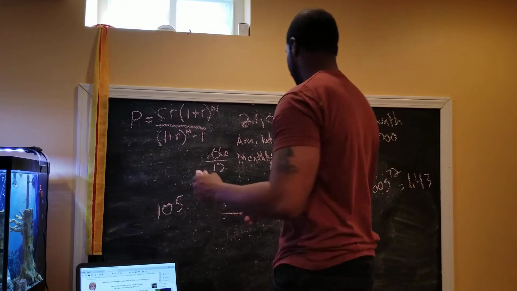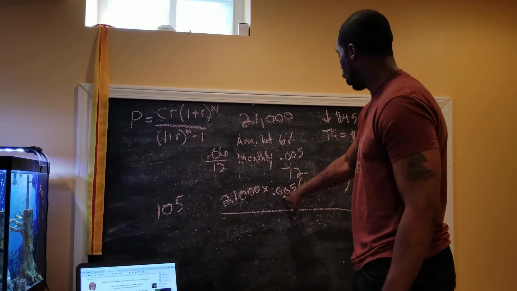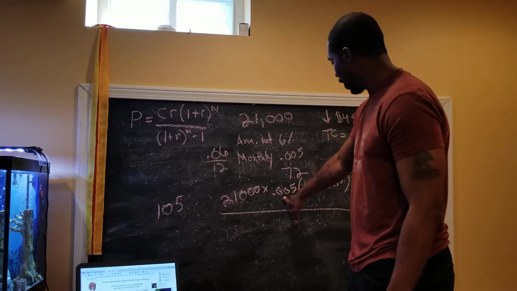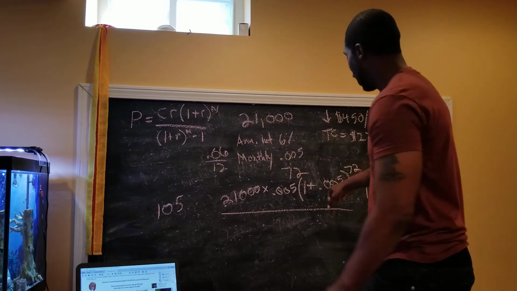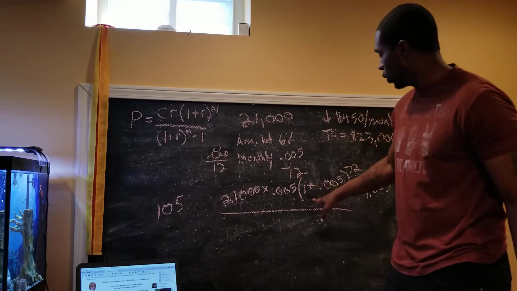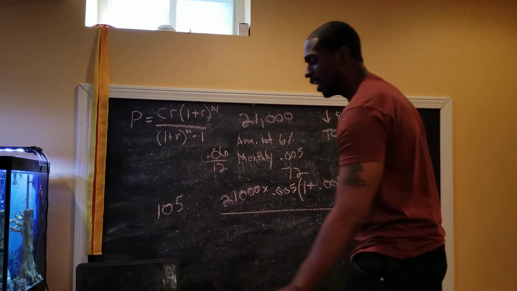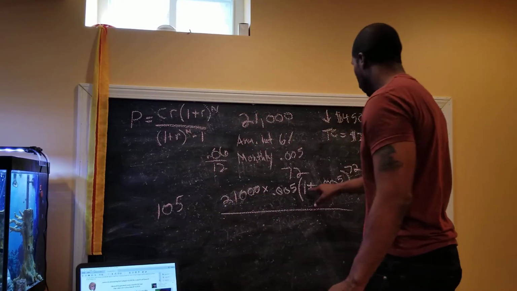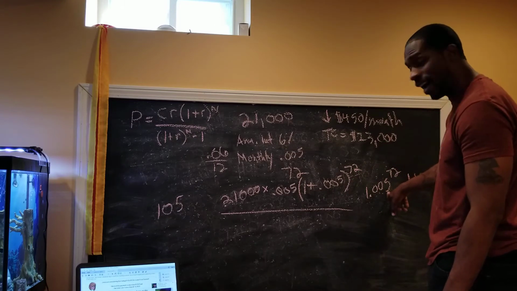All right, let's go. Okay, so C, 21,000 times R, 0.005, right? Then 1 plus 0.005. Now, I noticed a lot of you have put this in the calculators wrong, right? Do not try to put that whole thing in the calculator. Just put 1 plus 0.005 is 1.005.